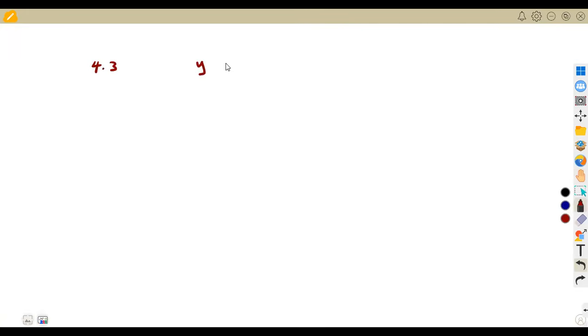We are given y is equal to x to the exponent of 4 minus 3x plus 6. So this is actually our f of x, which is equal to x to the exponent of 4 minus 3x plus 6.